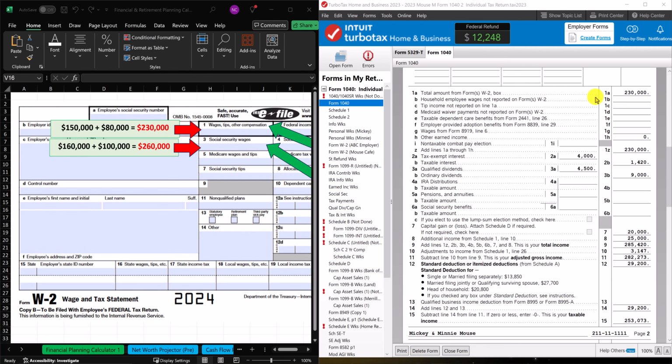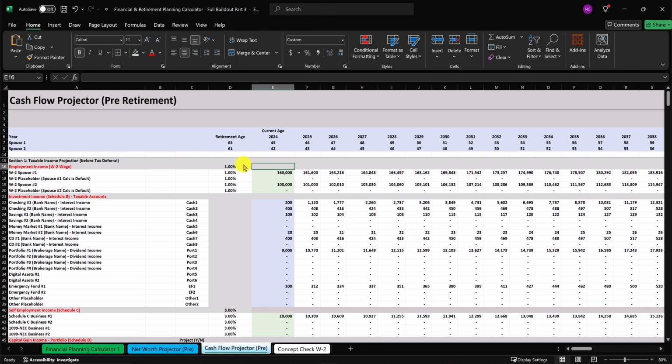So if we go back to our TurboTax example, I'm expecting the combination of all box 1s from the W-2 to show up right here on this line 1A, and that's the $230,000 combined in this example. However, if we go back over here to the cash flow projector, I'm expecting the full gross amounts, or the stated salary of $160 plus $100, to show up right here in this first section.